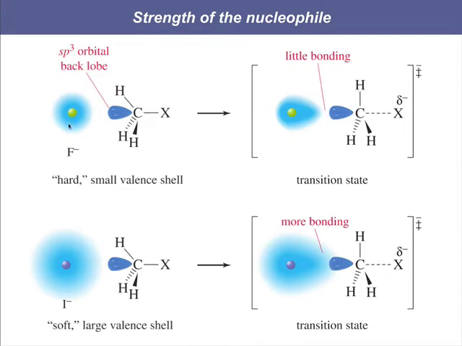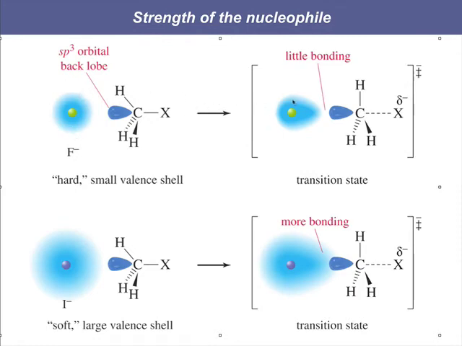Fluoride is also more electronegative than iodide. So fluoride has small orbitals, and the electrons in those small orbitals are being held very tightly. That's going to make the valence shell hard. That's not going to be very soft and squishy.